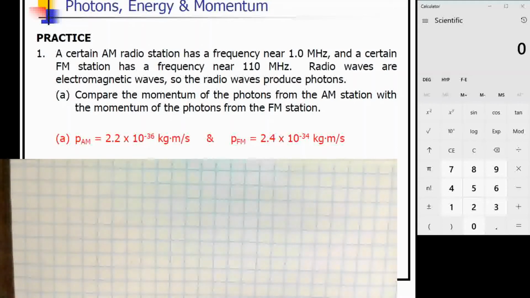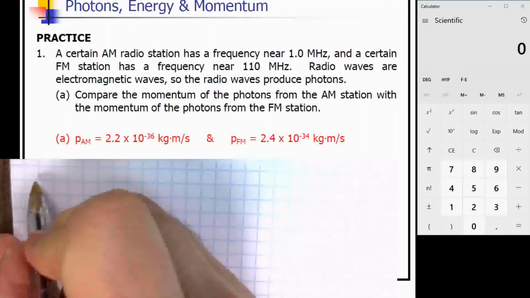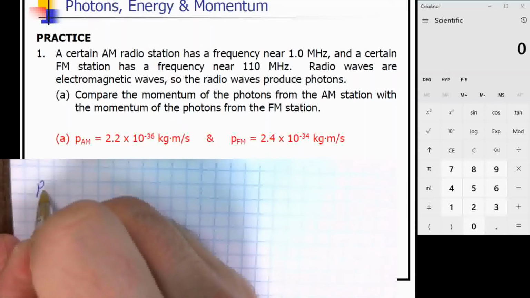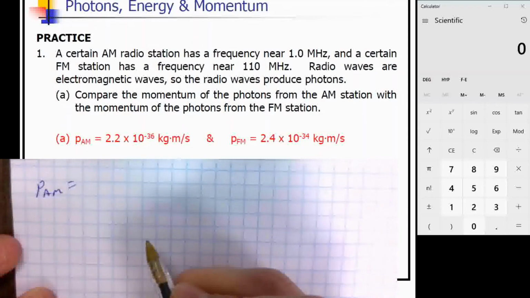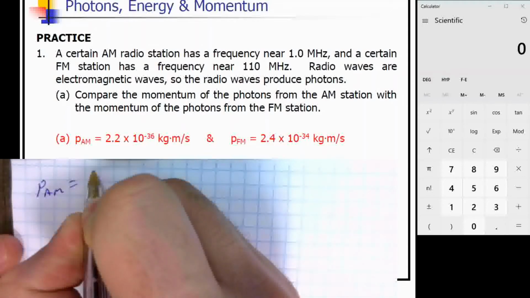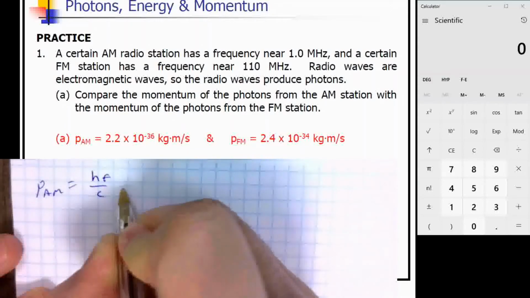Compare the momentum of the photons of the AM station with the momentum of the photons from the FM station. Well, what we'll do here is we have our momentum for the AM station is going to be equal to h over lambda or hf over c.